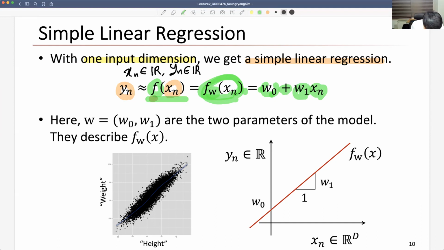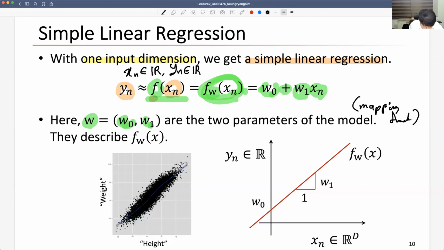Here, the learnable parameter w consists of w0 and w1, the two parameters of the model, or the two parameters of our mapping function, f_w(x).